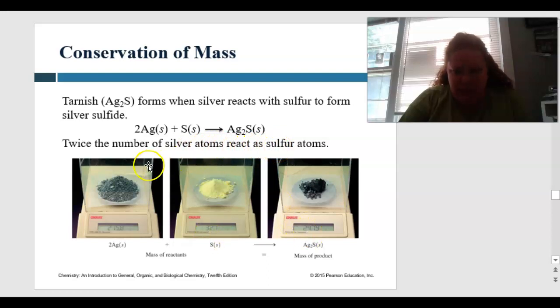So you have your silver here, you have your sulfur, and then when it comes together, it ends up becoming our tarnish. And if you add this mass with that mass, we're going to end up getting that mass, because again, we cannot create or destroy, we can just transfer.